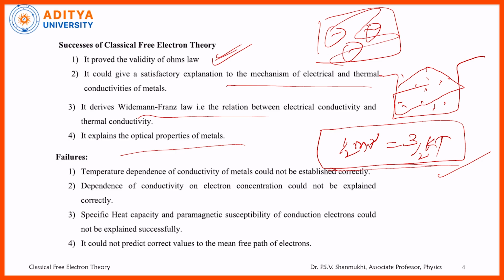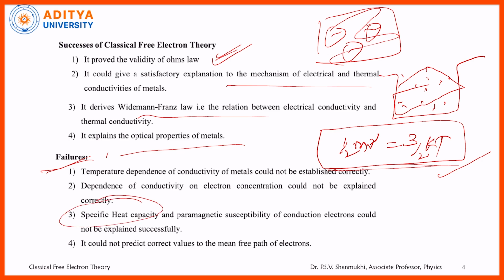So these things are explained by the classical free electron theory. Actually this could explain some phenomena or some properties of metals, whereas this theory failed to explain so many other phenomena of metals. For example, it failed to explain the specific heat capacity of metals.